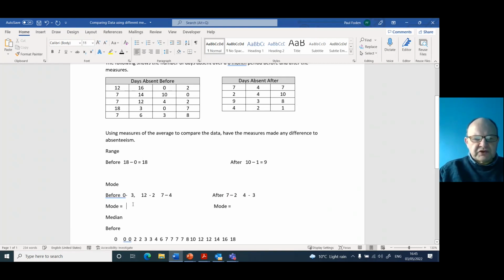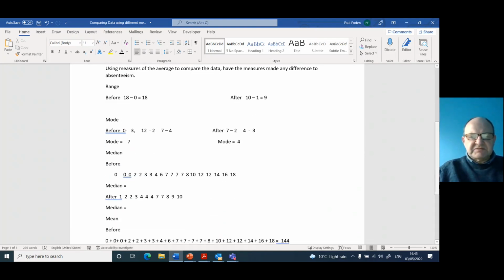So our mode before is 7. And if I look at the data for after, I've got 2 7s and I've got 3 4s. So I've got more 4s in my data afterwards. So if I look at that very carefully, my mode, the most popular, is 4. So my mode has gone down from 7 to 4.